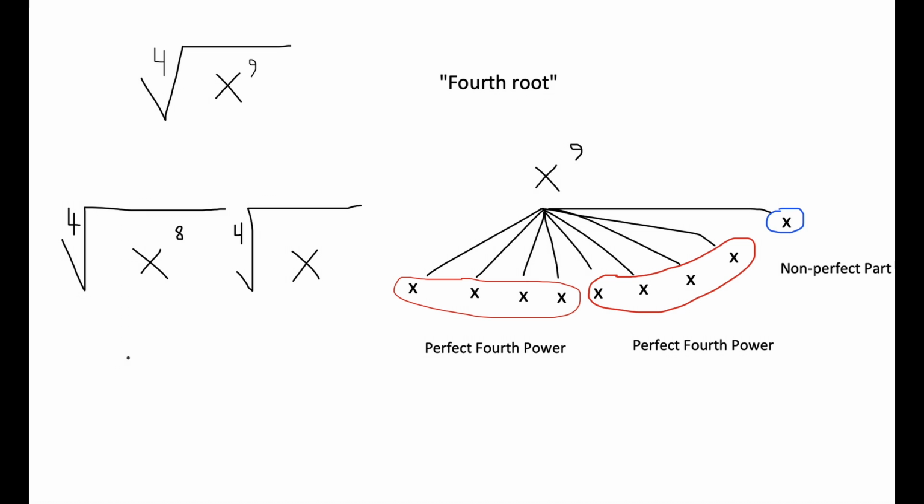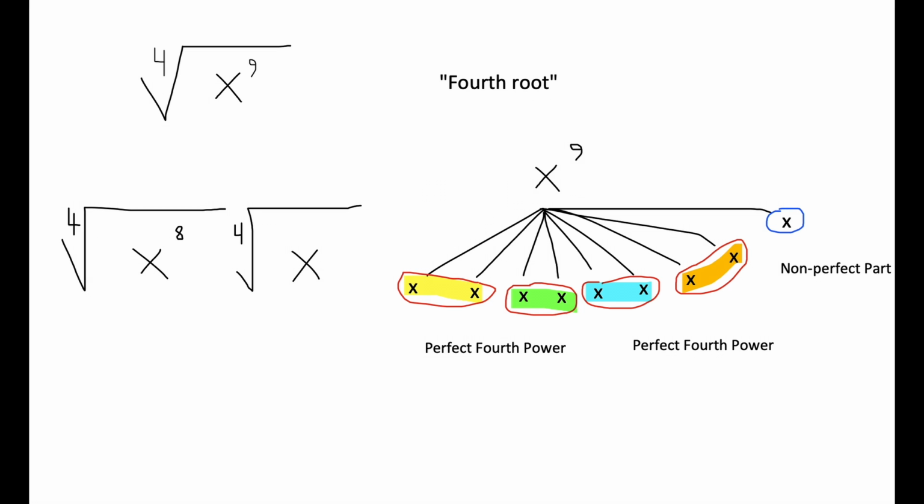This can be done on calculator, and it can also be reasoned out if we do a drawing where we show that these x's can combine as follows, where it's x squared times itself times itself times itself.